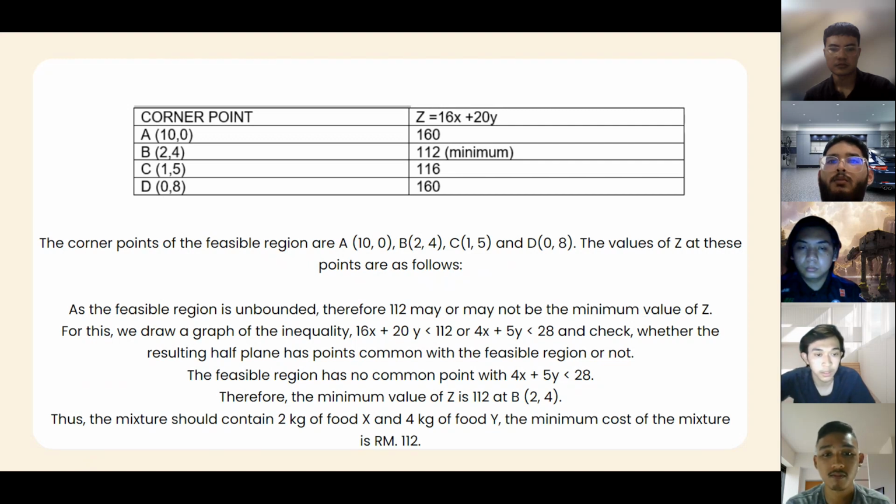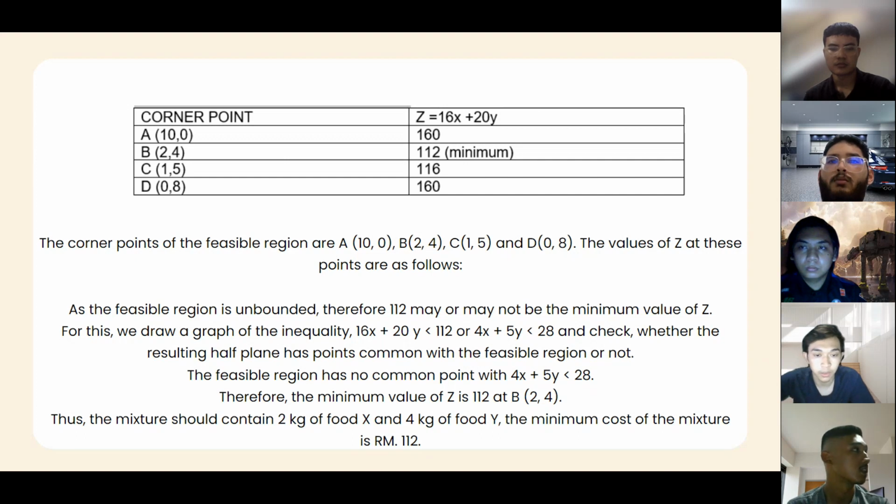As the feasible region is unbounded, 112 may or may not be the minimum value of Z. For this, we draw a graph of the inequality 16x plus 20y less than 112, or 4x plus 5y less than 28, and check whether the resulting half plane has a point in common with the feasible region or not.